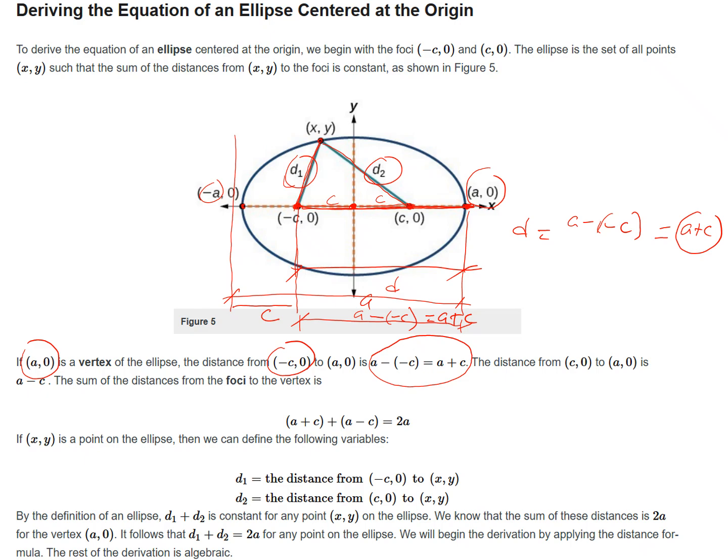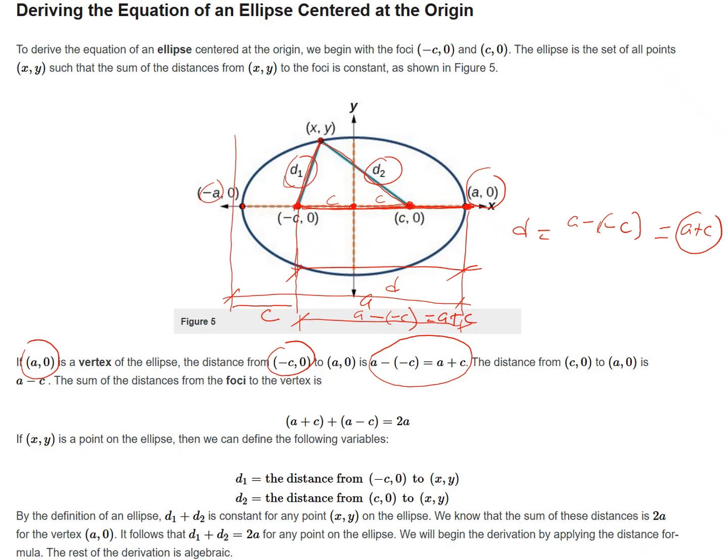Then the distance from c to this one, meaning this point here to this point, is equal to, so same process, take this as reference. We have a, okay, we have a minus c. So why a minus c?